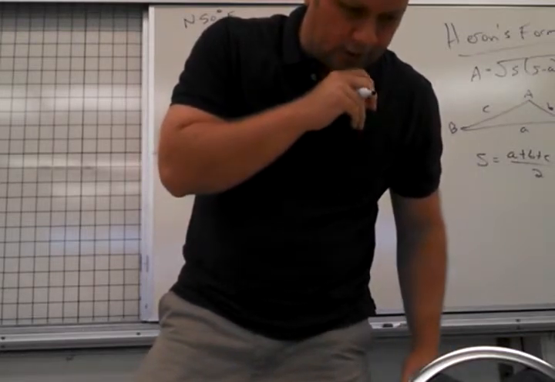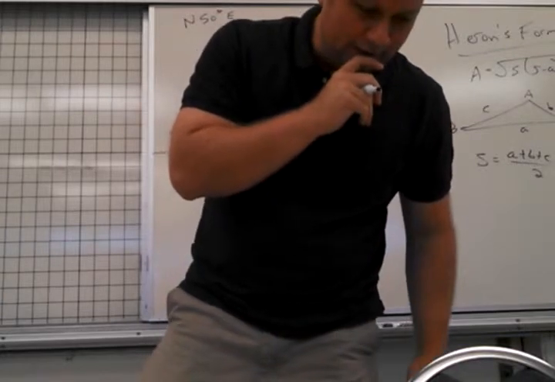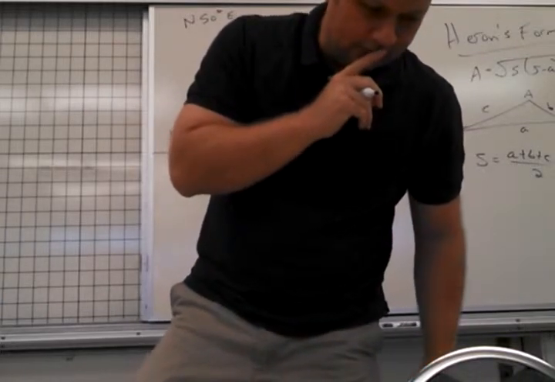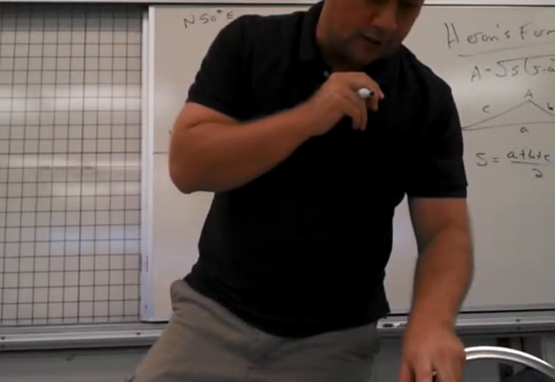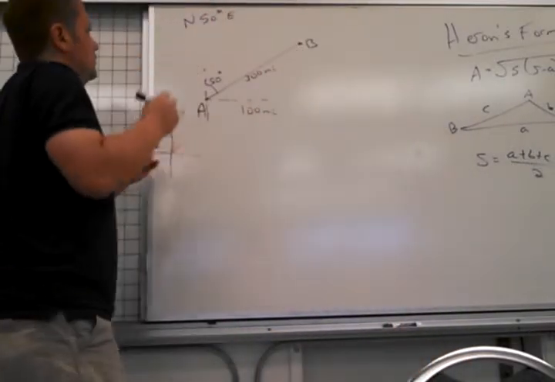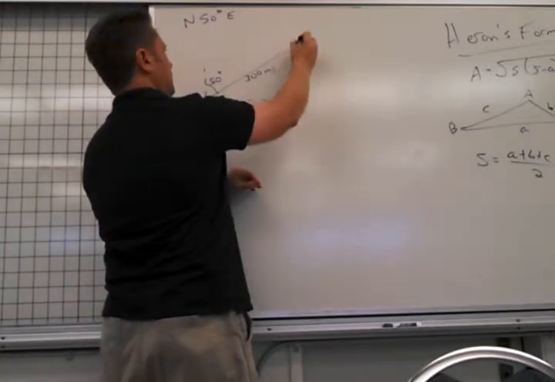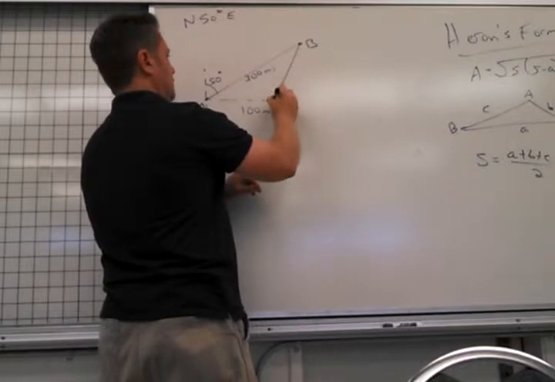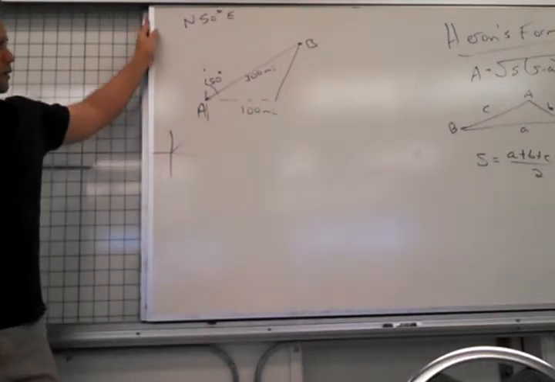When he notices his error, he's flown over the wrong airspace, and things bad are going to happen. So how far is the pilot from his destination at the time he notices the error? This is the picture they should have let you make. Obviously this distance here is how far away he is. There's 100 miles.